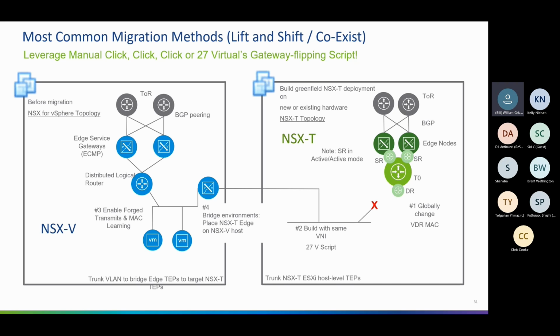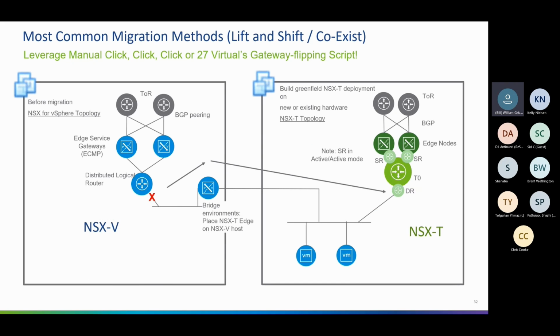And then we need to make sure that the segment on the NSX-T side is built with the same VNI number as in the source. That way it's going to be cohesive and not cause any confusion from a firewall rule perspective. And we do have a script that can do that. And also the REST NSX tool can do that as well. So you do all these things to get everything in place.